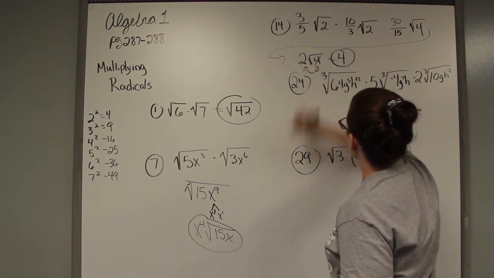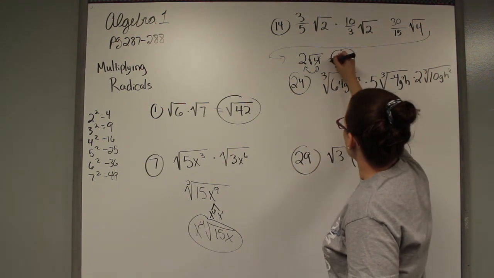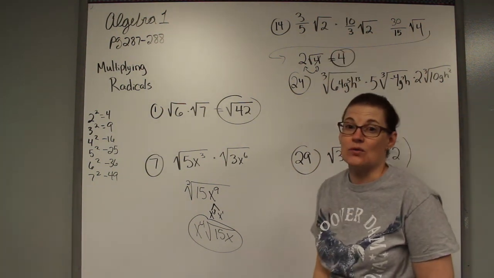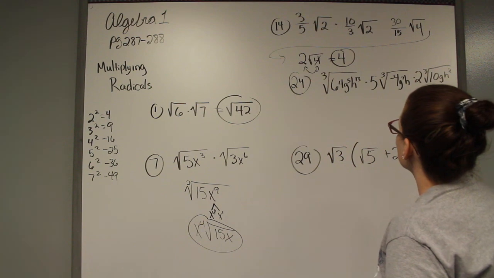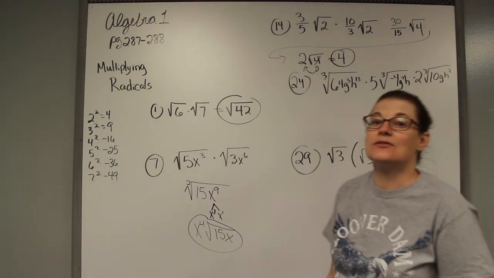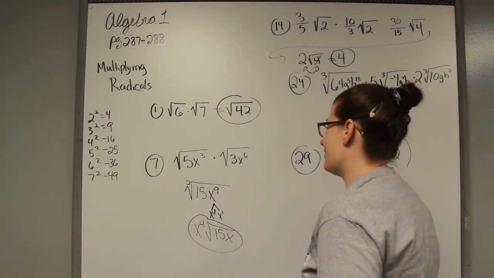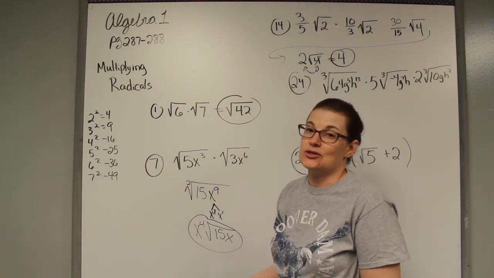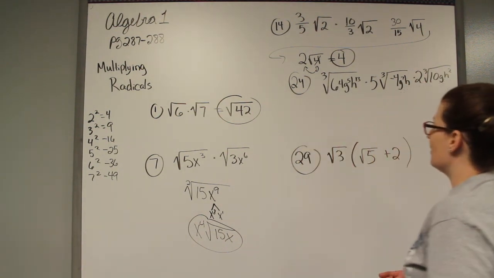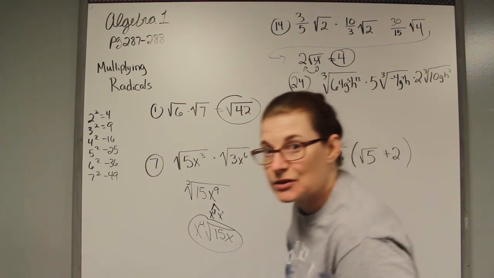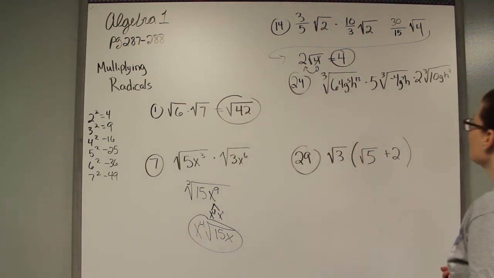My answer is 4 with no radical sign whatsoever. Okay? So don't let fractions scare you, and you have a calculator, so they shouldn't scare you anyways. All right? Make sure all these show on the board.